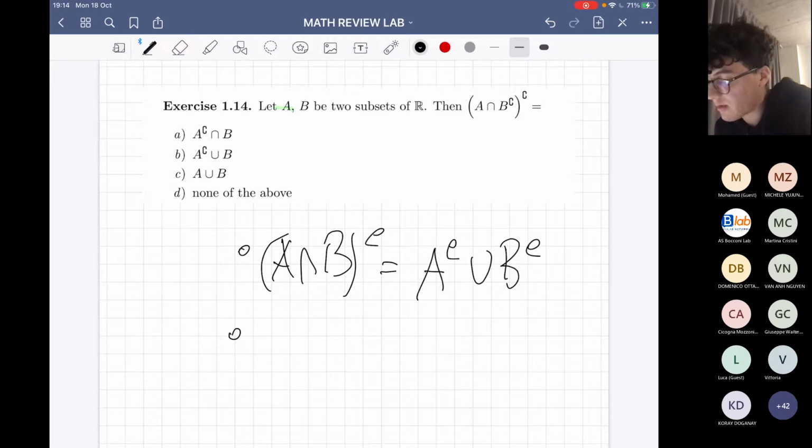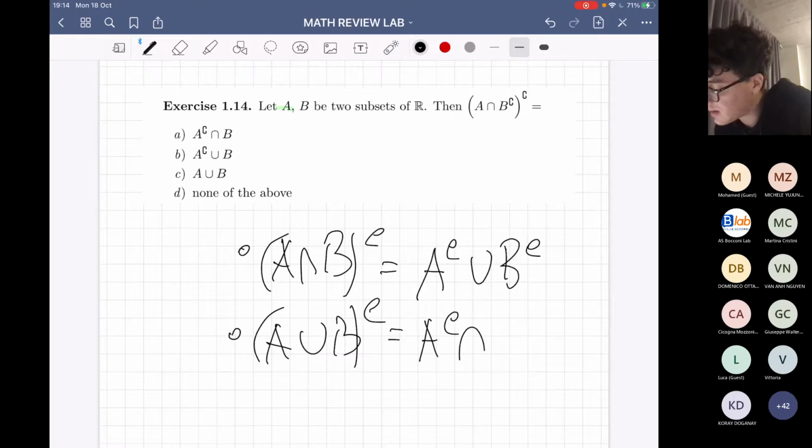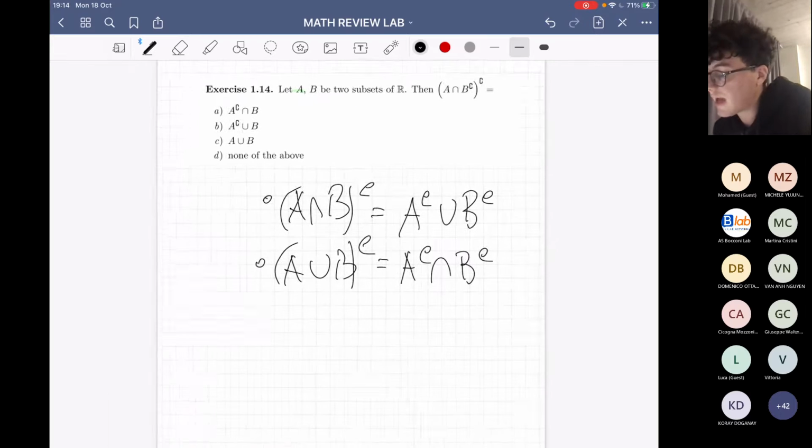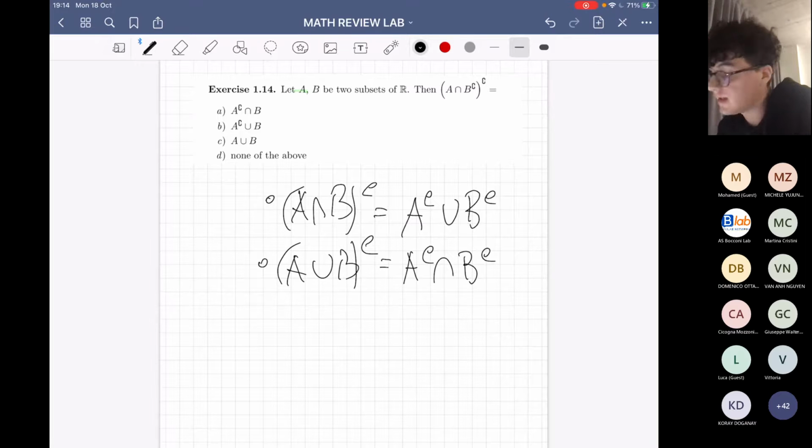And also the complement of A union B is exactly equal to A complement intersection B complement. These are De Morgan's laws, and we can apply them to solve this exercise, because this exercise is simply asking how we can write this set in a different way.